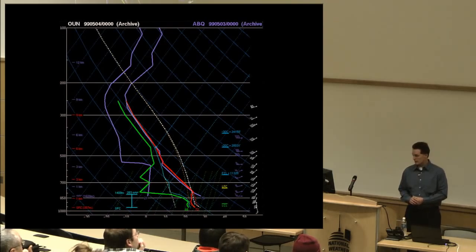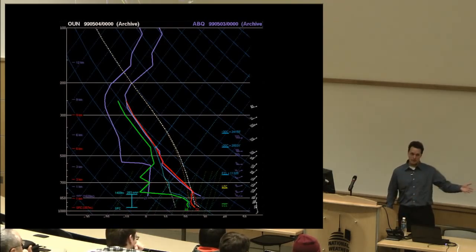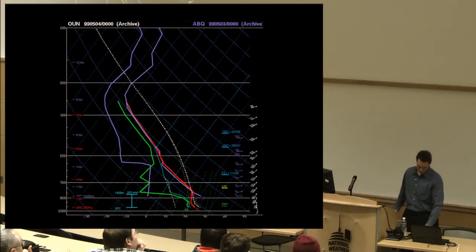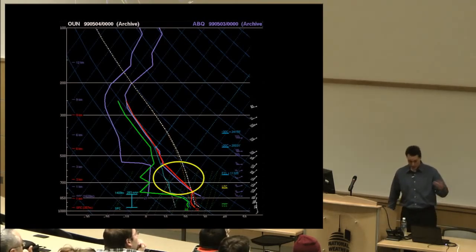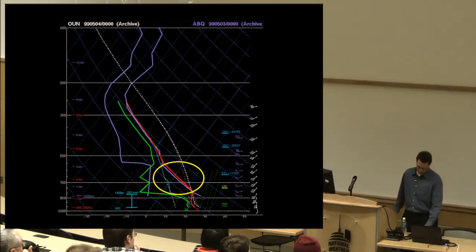Again, you can see that layer is almost identical, the elevated mixed layers, to what was sitting out at Albuquerque the evening before. So hopefully this sinks in that it's important to look at the source regions for your lapse rates and your moisture. And again, it's just highlighting that that's the old mixed layer sitting atop the moist layer further east and south at a lower elevation.